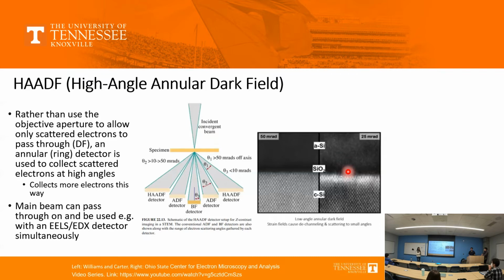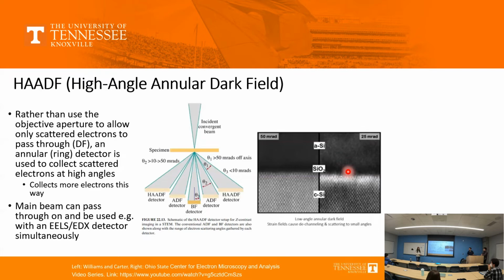STEM is scanning transmission electron microscopy, where you're literally scanning your transmission beam to form these images. This is very important. There are detectors, ADF and HADF, which tell you which element is present in your material, through any technique that can tell you the composition.